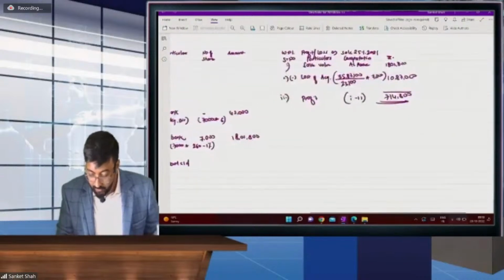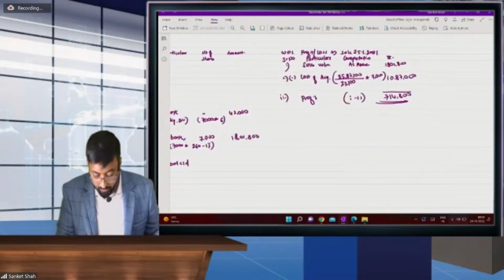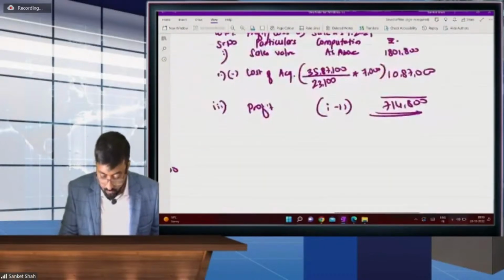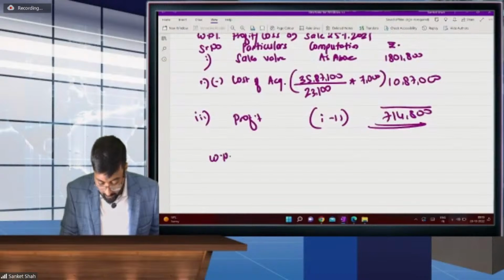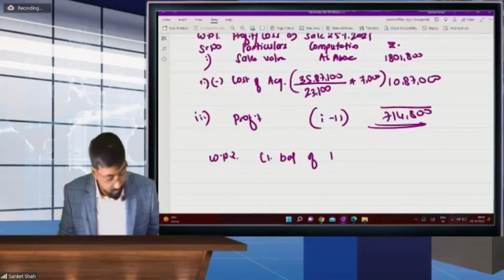Now you are left with 23,100 minus 7,000. So you are left with 16,100 shares. So working note 2. Closing balance of 16,100 shares.